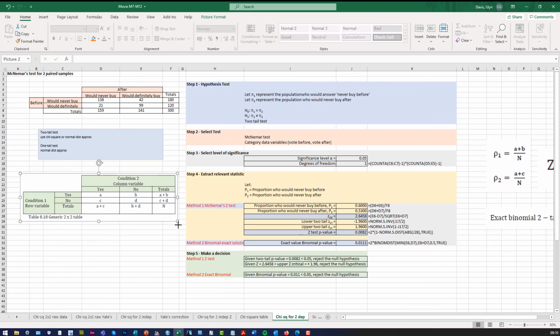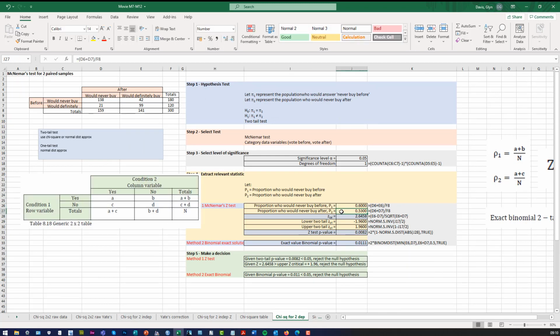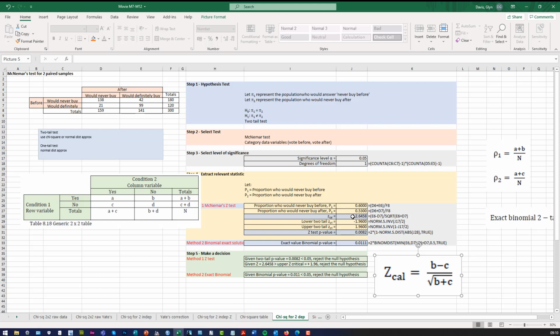Then P2 is just D6 plus D7 all divided through by F8 to come out as 0.53. So we have 0.6 proportion, 0.53 proportion. Substitute those numbers in for Z. If I drag Z across there, you get Z as 2.64, or 2.65 to 2 decimal places, which is quite a large number.